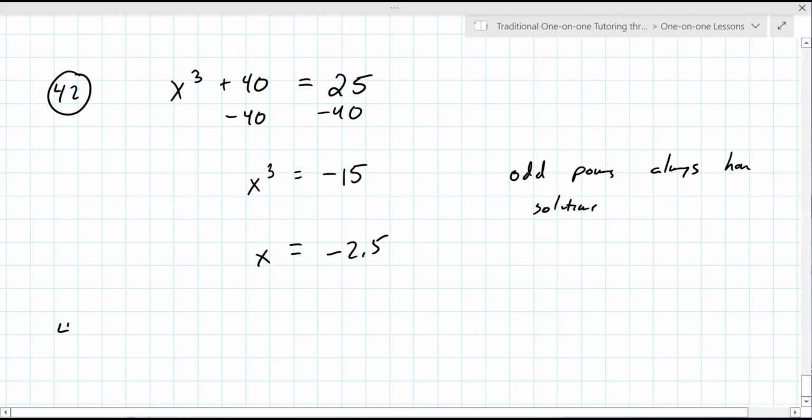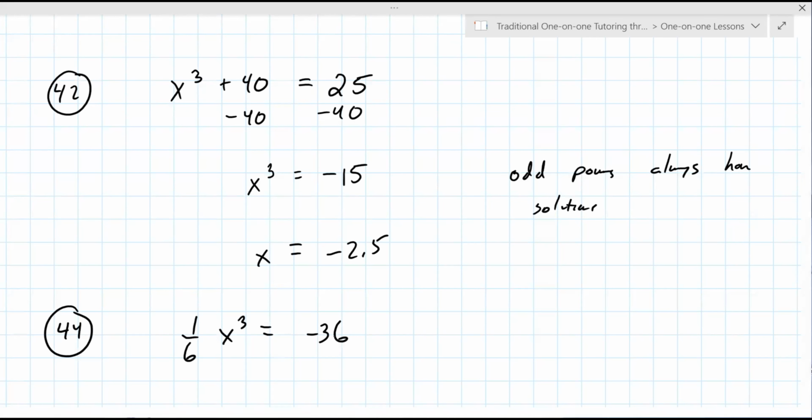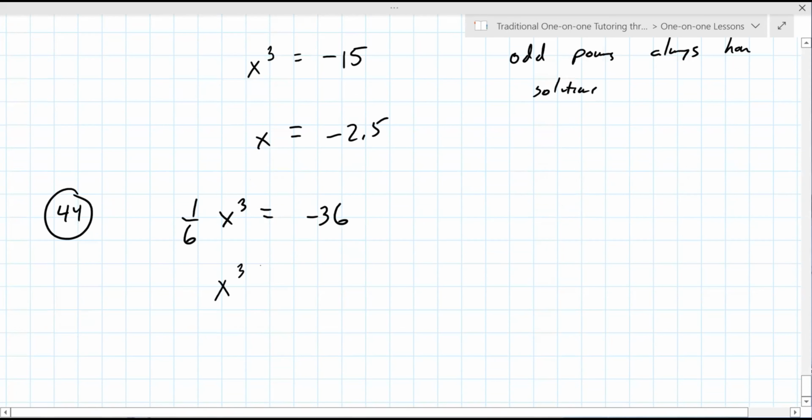Why don't you try 44 on your own here? So you multiply both sides by 6. So x cubed equals 216.